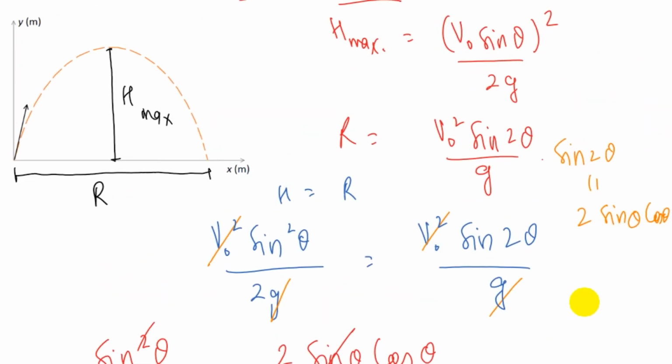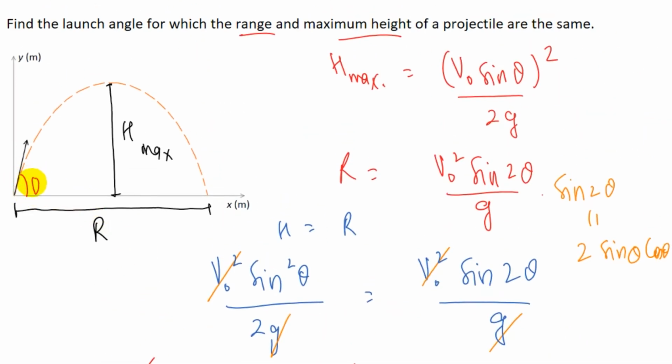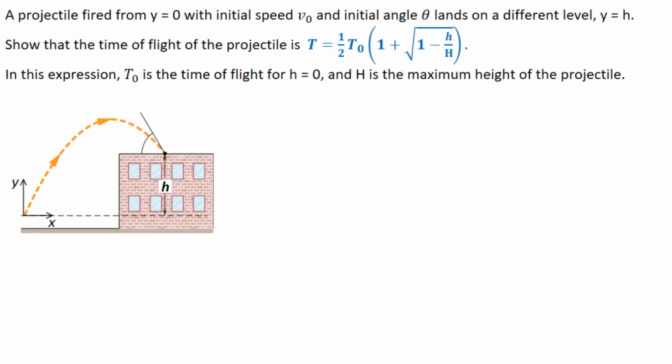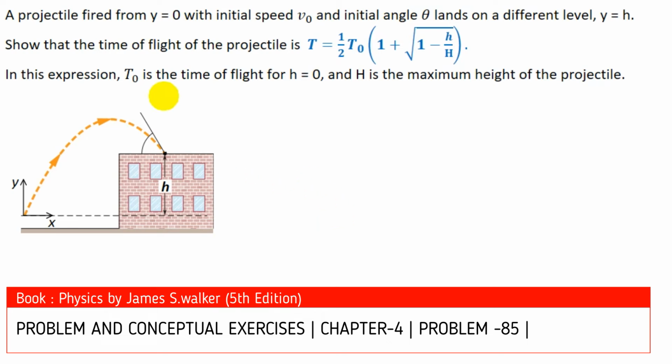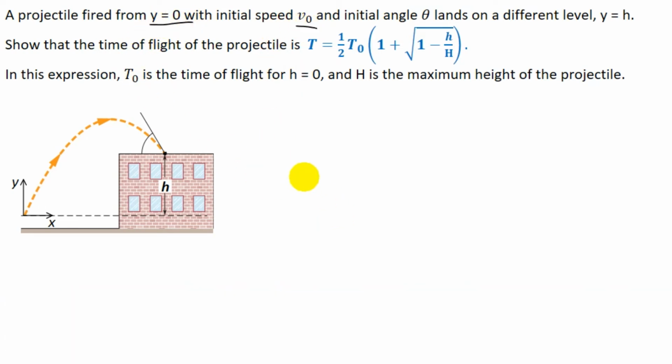Let me represent it on the figure also. This angle theta we have found out to be 76 degrees. Now in this question, we are given that a projectile is fired from y equals 0 with initial speed v0. So this is the projectile fired with initial velocity v0 at an angle theta.